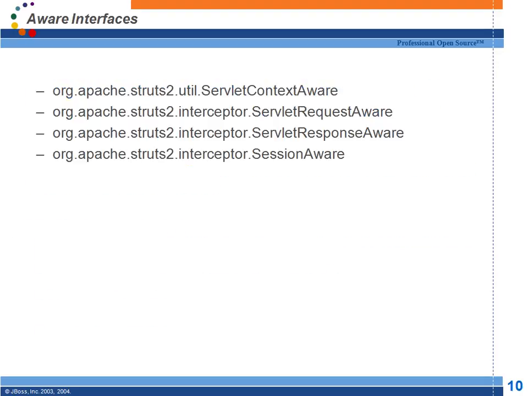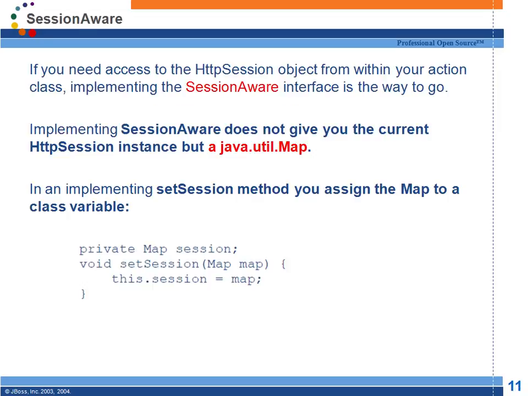As I told, these are the aware interfaces: ServletContextAware, ServletRequestAware, ServletResponseAware, SessionAware. If you need to access the HTTP session object within your action, implementing the SessionAware interface is the way to go. Implementing SessionAware does not give you the current HTTP session but an instance of Map.